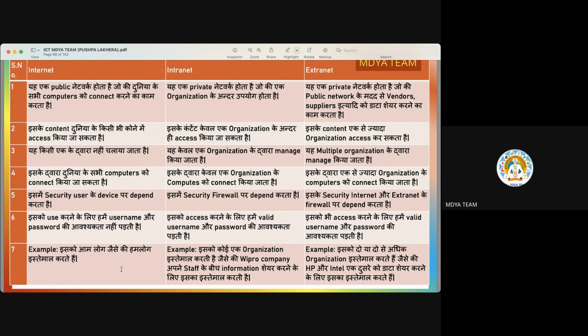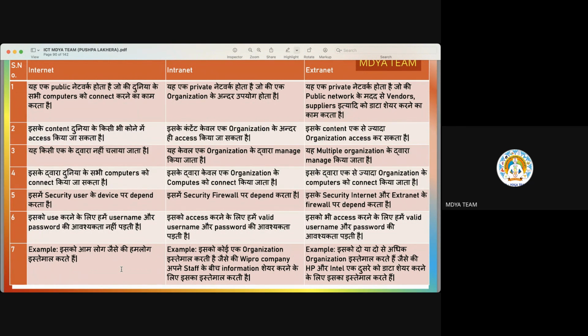So the example will be the net which we are using always. That is internet. And for an organization, like Wipro, or an educational institute, or a bank, they have their own intranet, and it can be accessed by their staff or employees who are given a password or username.